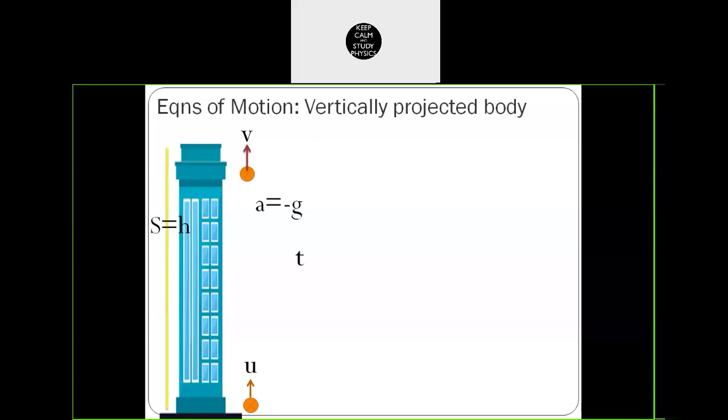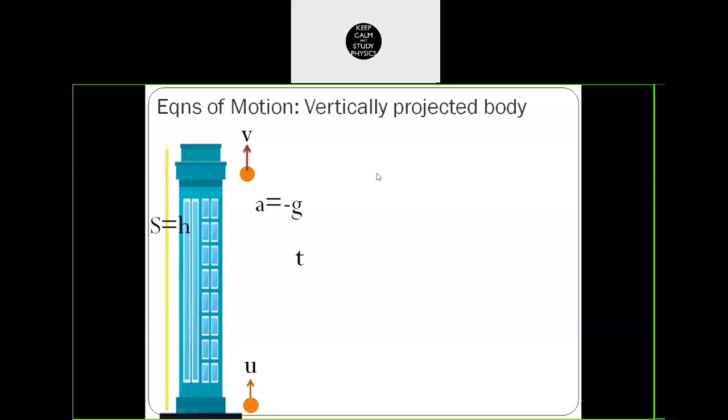Now we try to apply equations of motion to a vertically projected body and a freely falling body, right? Actually these things you have learned earlier, I'm just showing how to modify them.